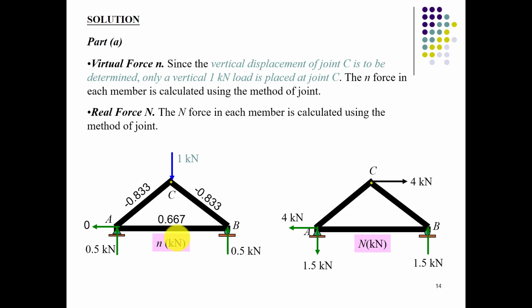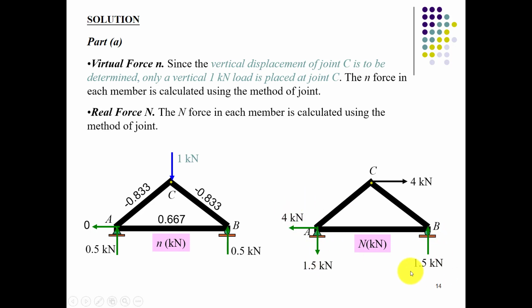You have 3 unknowns, 1, 2 and 3, and you have 3 equations of equilibrium, which are sigma Fx equals 0, sigma Fy equals 0, and sigma moment at any point equals 0. Then you will come up with the values of all 3 unknowns.